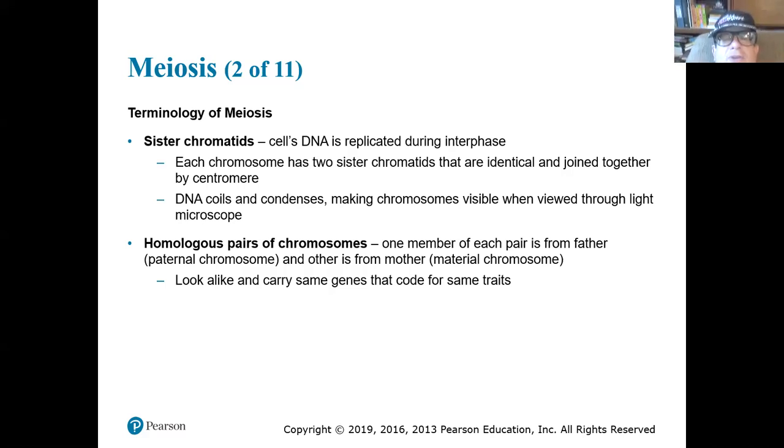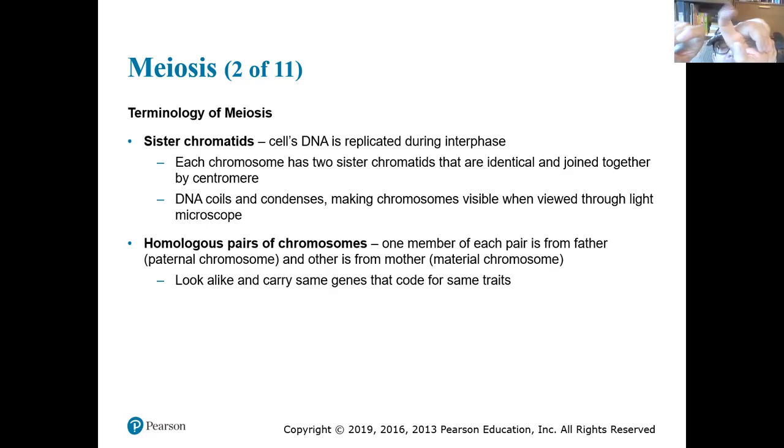Anyway, so doubled chromosomes. Most people just say chromosomes, but if you had a chromosome and then during interphase you double the DNA, what you have is the original chromosome and the new one. But as long as they're hooked together, we don't call them chromosomes.